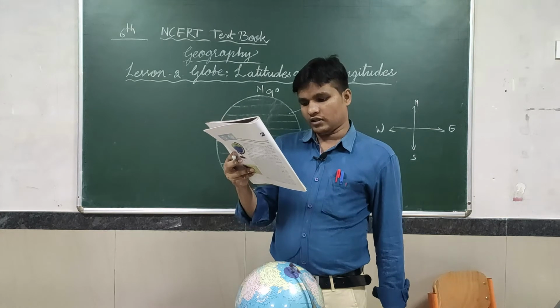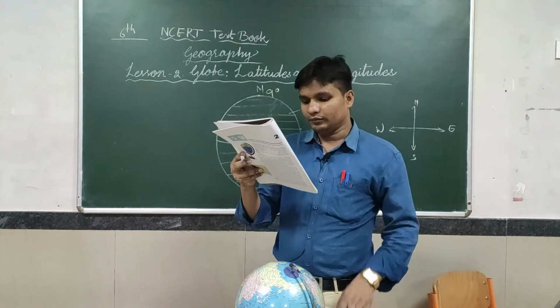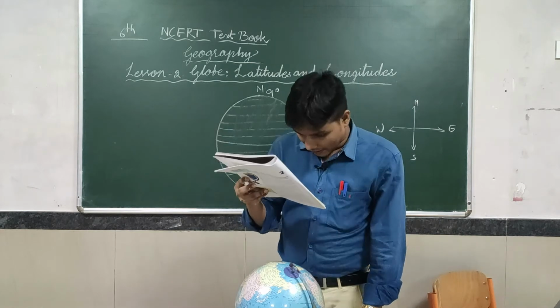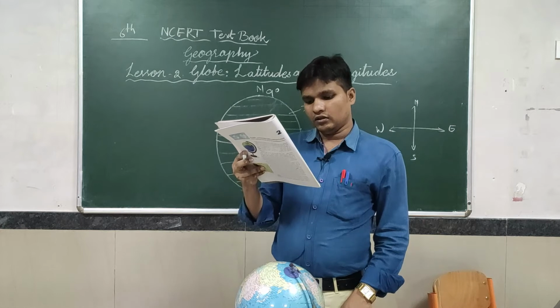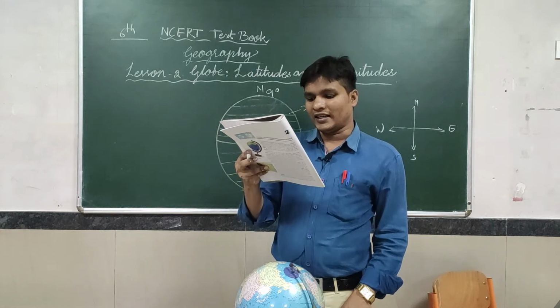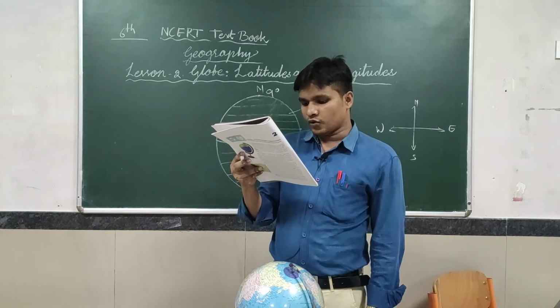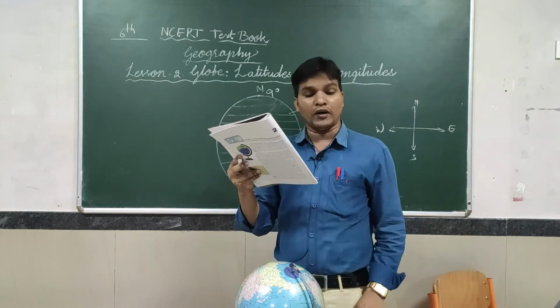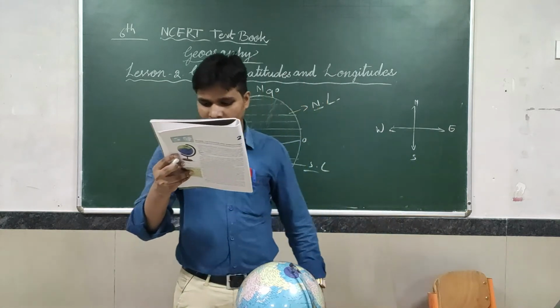We therefore say that Chandrapur is situated at 20 degree N latitude and Belo Horizonte is situated at 20 degree south latitude. We see in figure 2.2 that as we move away from the equator, the size of the parallel of latitude decreases.